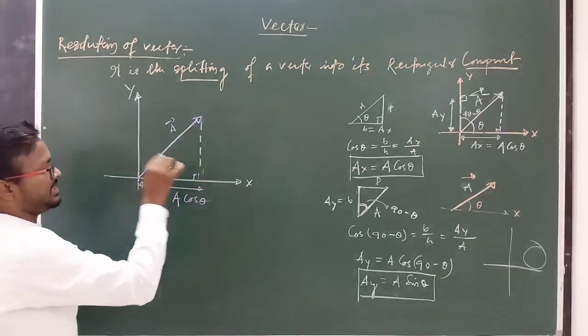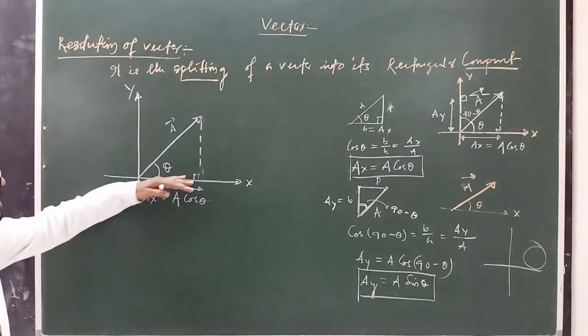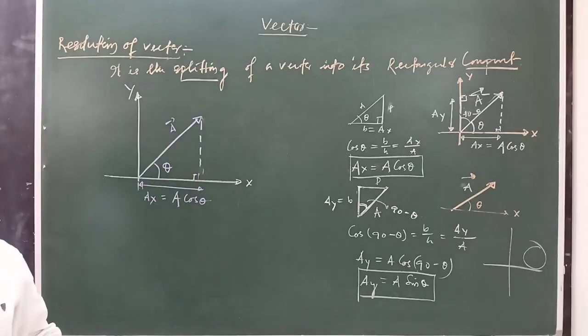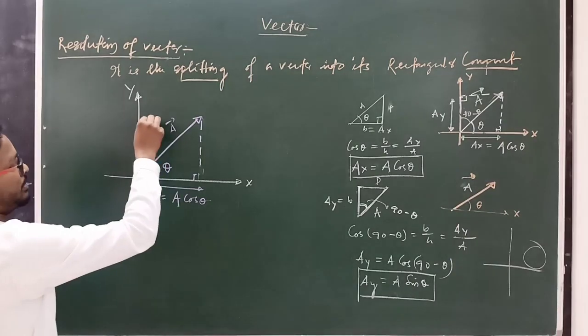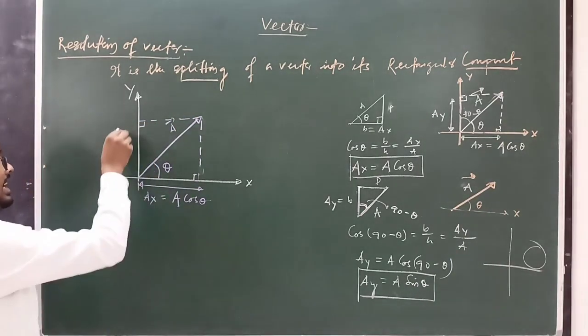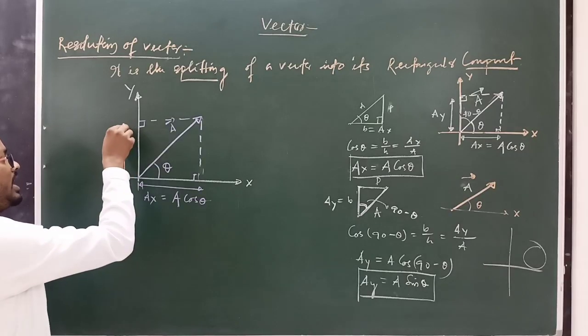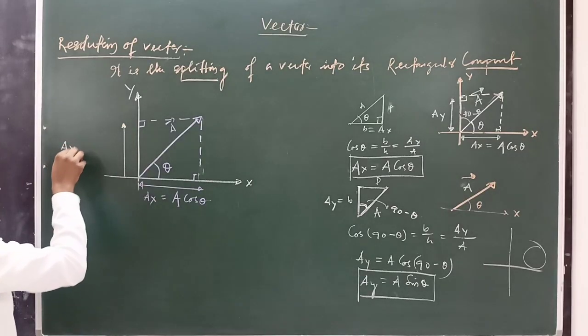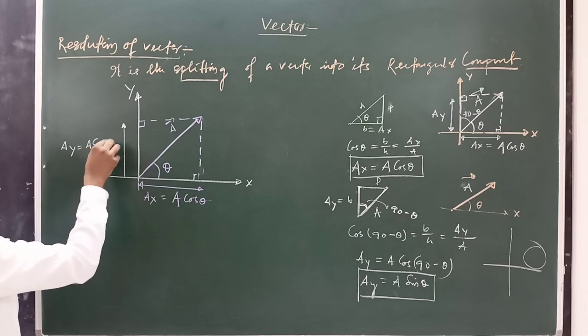This angle is theta, meaning the vector a makes an angle theta with the positive x axis. If you draw a perpendicular here, this angle is also 90, and the total distance along the y axis gives ay equal to a sin theta.